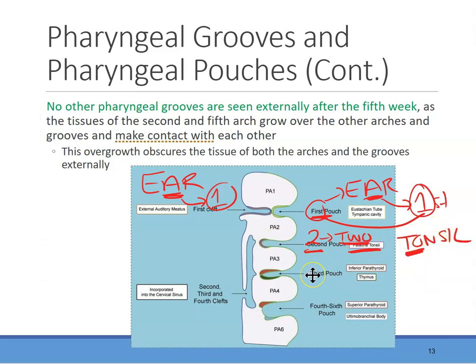All right, what about the third pouch? How can we remember that the third pouch makes the inferior parathyroid and thymus gland? Let's look at this. If I write down parathyroid, you can see that it has THYR actually. Just take the TH and take the R, and this kind of looks like third, right?